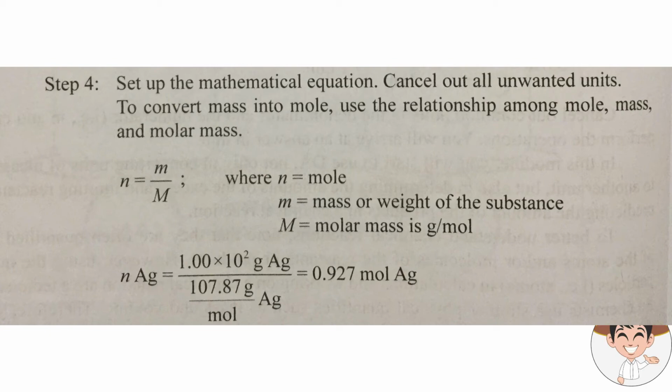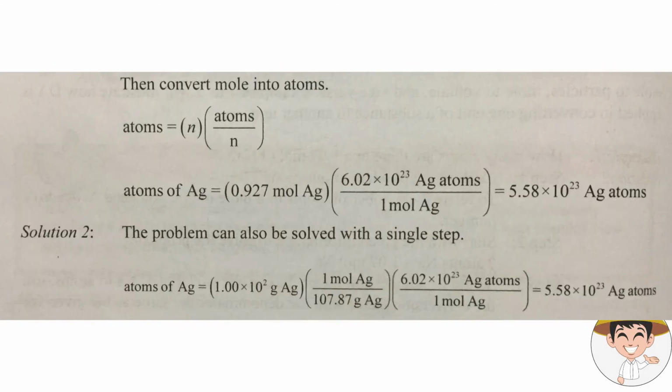Since we already have the mole, now we are going to get the number of atoms by simply multiplying our calculated answer in moles by the conversion factor, which is 6.02 times 10 raised to 23 silver atoms divided by 1 mole of Ag. So we multiply these terms, and we come up with the answer, which is 5.58 times 10 raised to 23 silver atoms.